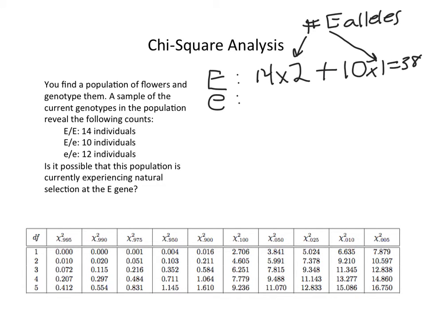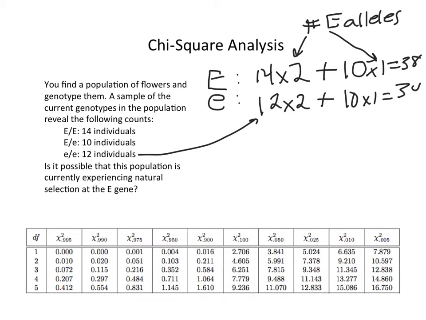Good, I'm getting affirmation from the front row. What about little e's? 34. So it's 12 times 2, the number of homozygous individuals, each of which have 2 little e's, plus the 10 heterozygotes. So 34.